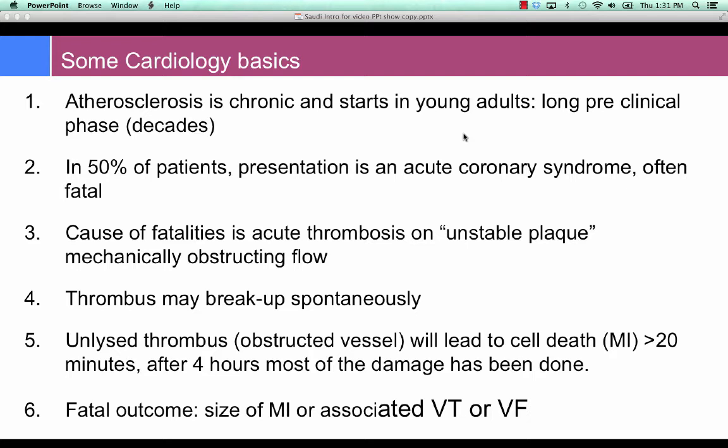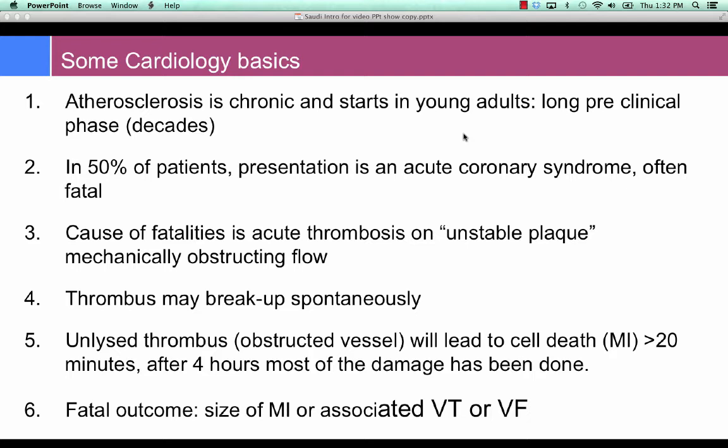It is important to show, however, that ulcerated plaques are present in many coronary arteries that do not, for some reason, attract thrombus formation, and that thrombus, once formed, may spontaneously lyse and break up. It is not necessary that everyone receive percutaneous coronary intervention or thrombolytic therapy.